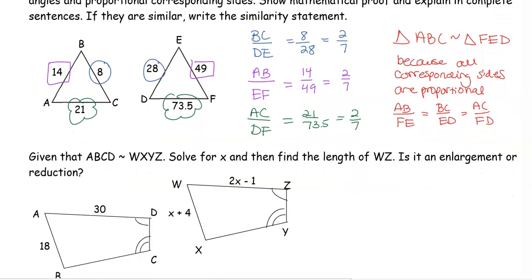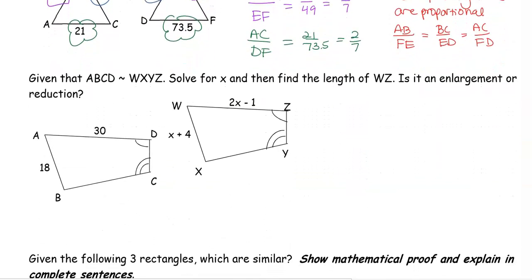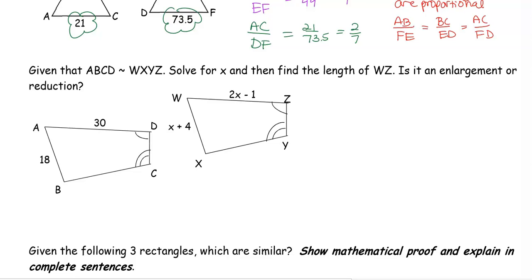Next one, given that your quadrilateral ABCD is similar to WXYZ, solve for x and then find the length of WZ. So the first thing I'm going to do, we are given very important information here. Because I was given the similarity statement, I know which sides are proportional and which angles are congruent.